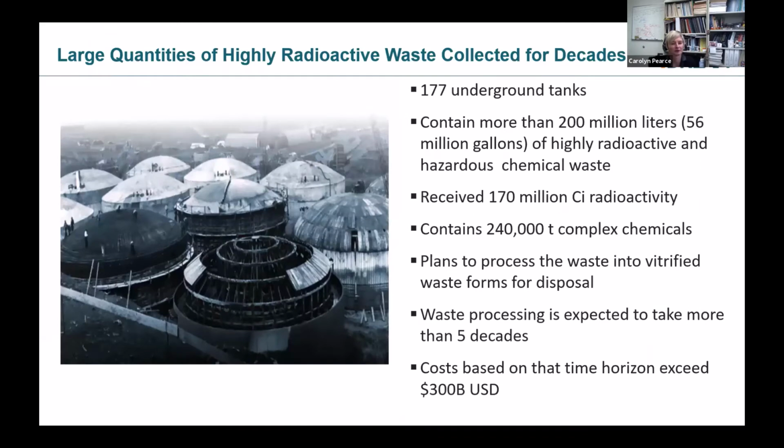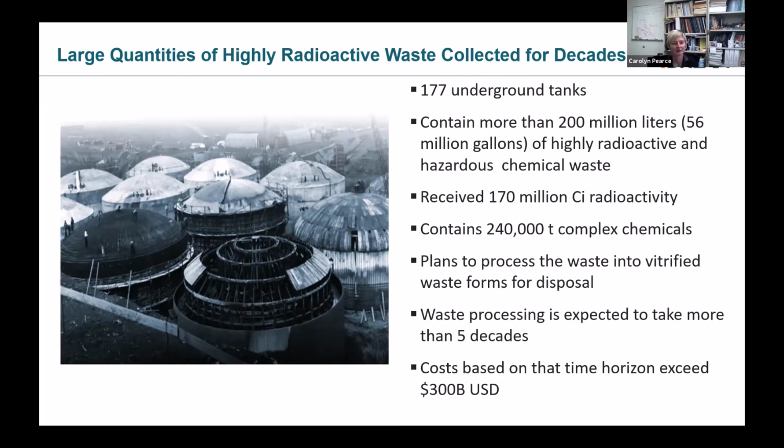This waste is stored in 177 underground tanks, and this is a picture of the tanks under construction. These tanks contain 56 million gallons of radioactive hazardous chemical waste, and the makeup of those wastes involves 170 million curies of radioactivity and 240,000 tons of complex chemicals.